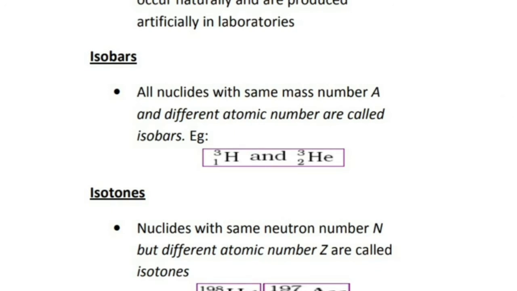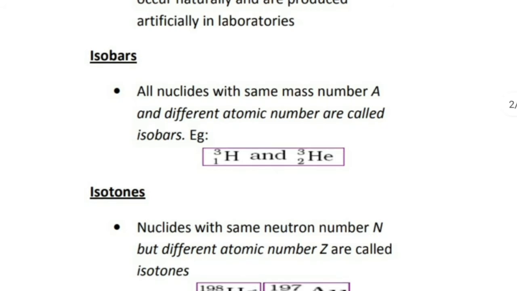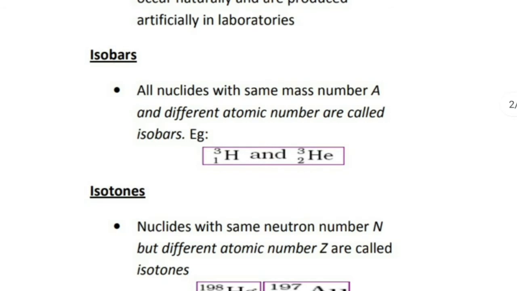But isobars means same mass number, different atomic number, so they are different elements. Example, we have 1H3 and 2He3. 1H3 is tritium and 2He3 is the isotope of helium.